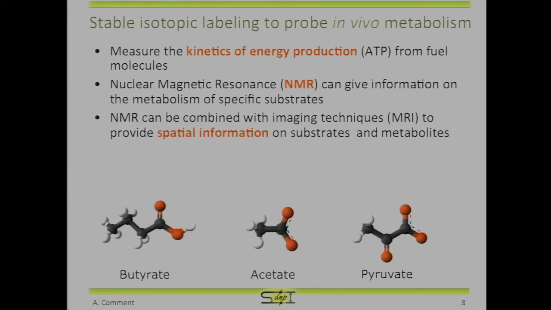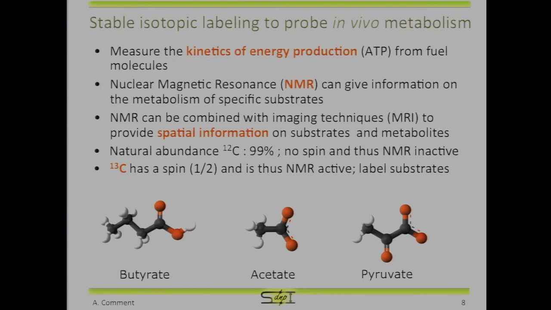Here I drew the three little molecules we were talking about before: butyrate, acetate, and pyruvate. They're basically made of carbon, protons, and oxygen in red. One of the good probes in NMR is carbon.